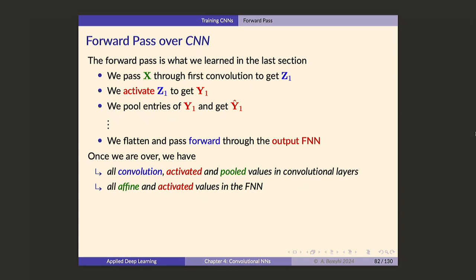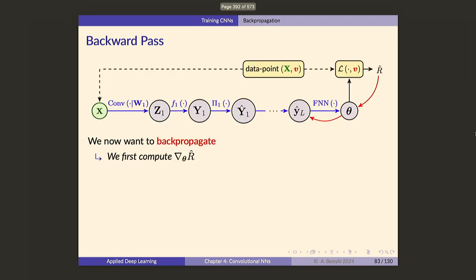You need to know the values of all of those maps and channels, and also all of the values in your feed-forward neural network. You're going to save them because you need them for backpropagation. And now that is over, you want to move backward, meaning that you have ended up, or you passed one.